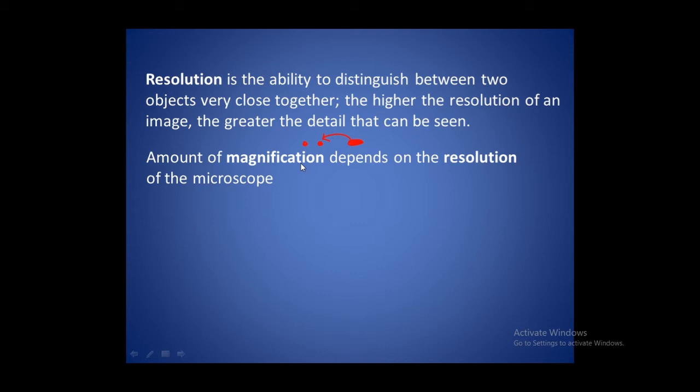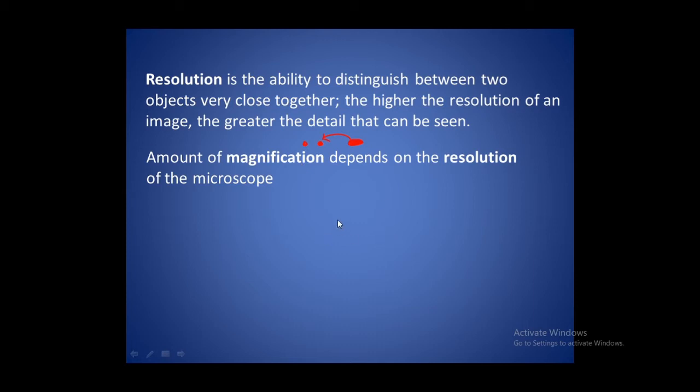If you have taken a photograph using a camera and you try to magnify it, you will be able to see certain details, but not in the case of a microscope. In a microscope, if you try to magnify beyond the limit of resolution, the image will just get blurred.